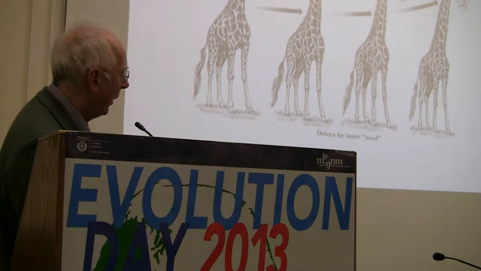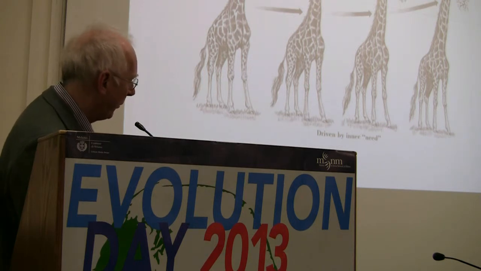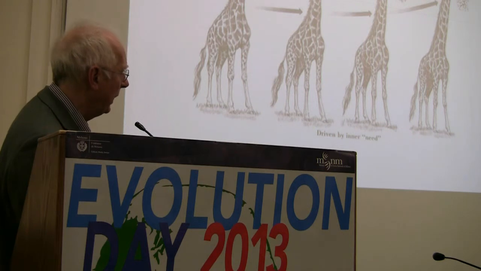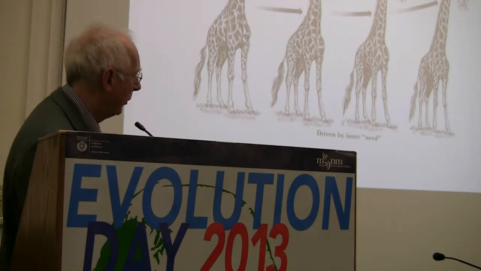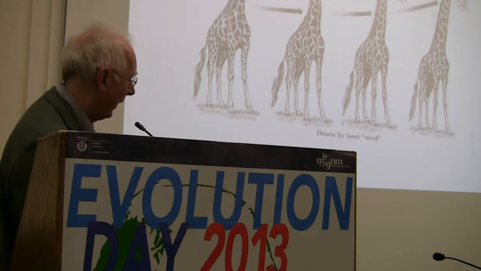Now it may look as if that is a system that has direction to it. There almost certainly will be a cost to that type of heritable epigenetic change.